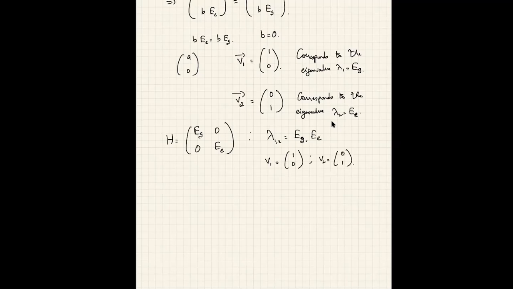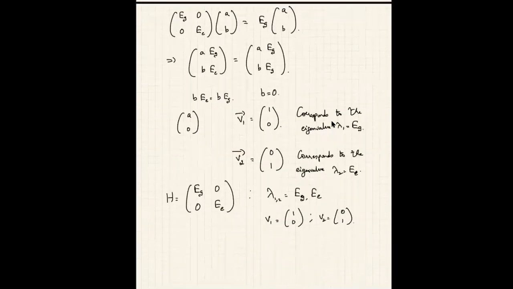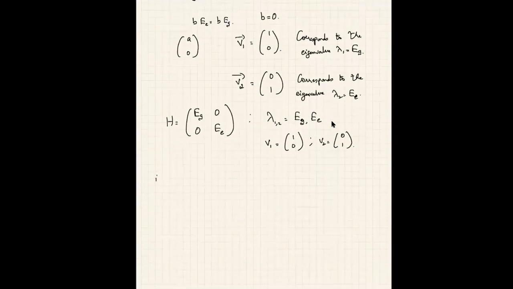So what happens if I complicate this problem very slightly? Let me take this as 1 and this as 2. I will retain the same diagonal elements for H, but I'll now put in some non-diagonal entries as well. So this is EG, let me put some alpha star, alpha, EE, where alpha is some complex number.